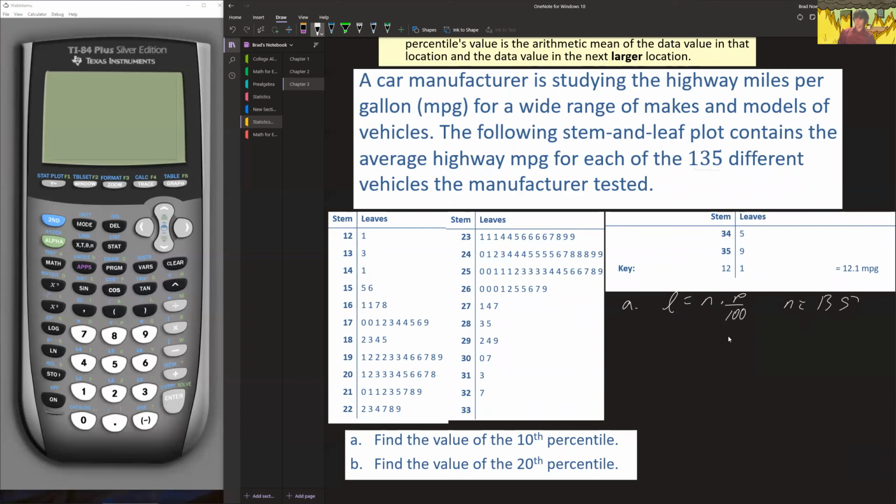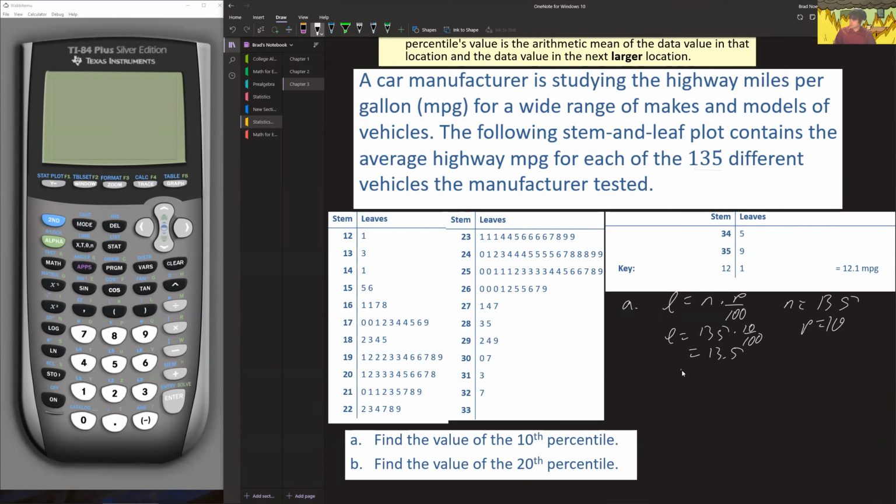The percentile, they also tell us we're looking for 10. So P equals 10. So I'm just going to plug this in. This is going to be L equals 135 times 10 over 100. Well, 10 divided by 100 is 0.1, times 135 is 13.5.